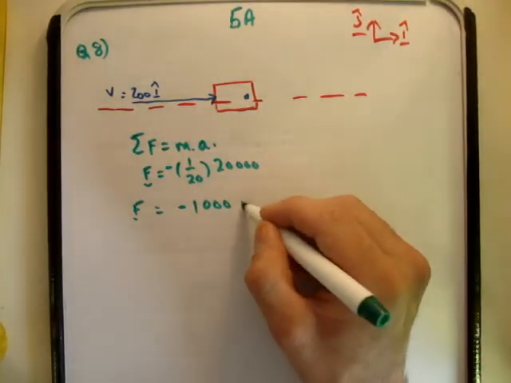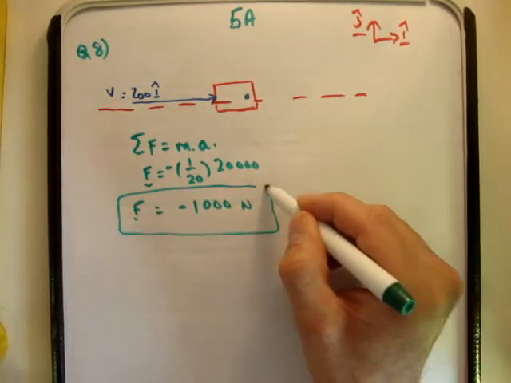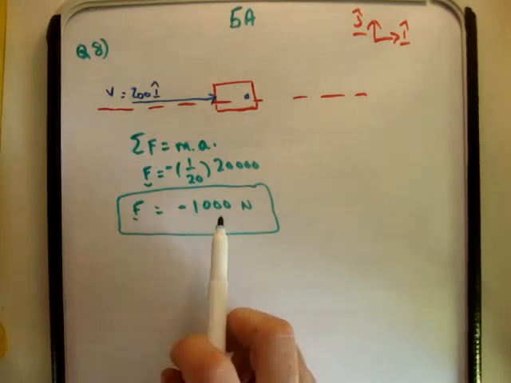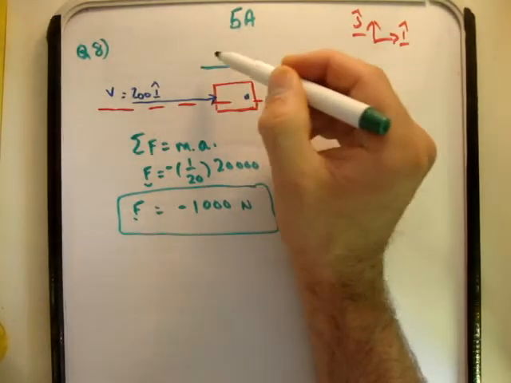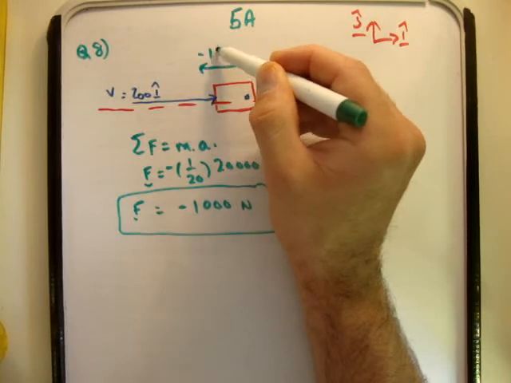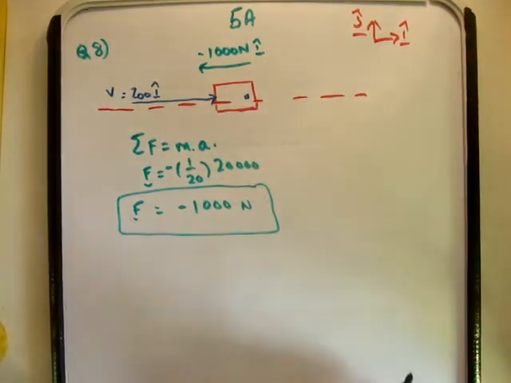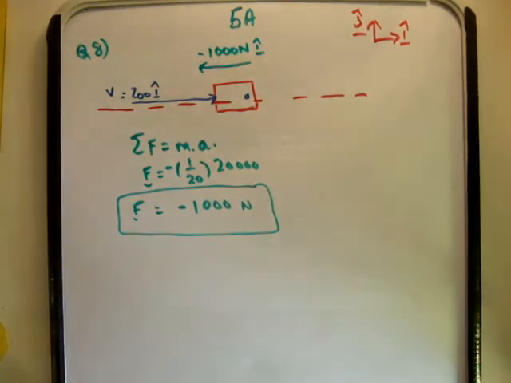Alright, and of course the units for force are newtons. So we have a deceleration of negative 20,000 meters per second squared caused by a force of negative 1,000 newtons. So the block applies a force of negative 1,000 newtons, like so, in the i-hat direction. Alright, so now we know the force which the block can apply.